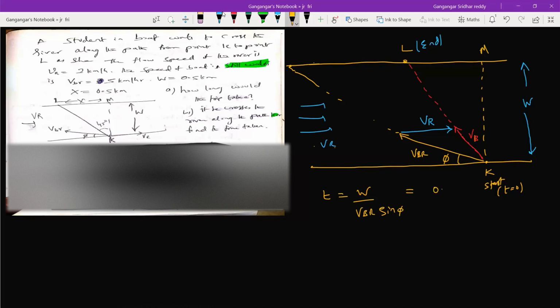So just 0.5, you write. What is VBR? Velocity of boat in still water, it is telling. Same, it's the velocity of the boat with respect to the flowing river. So this is phi, sine phi. So T is equal to 1 by 10 sine phi. Keep this equation in hand.